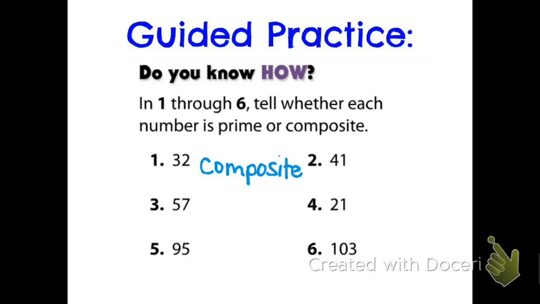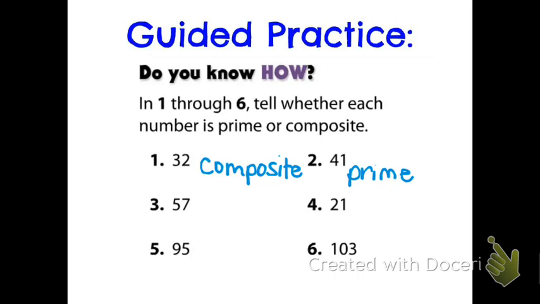But when I look at the number 41, there's not any other numbers I can multiply together to get the number 41. So 41 would be a prime number. Okay, looking at 57. Well, I have to think to myself, is 57 divided by any other number other than itself and 1? So 57, 1 times 57.